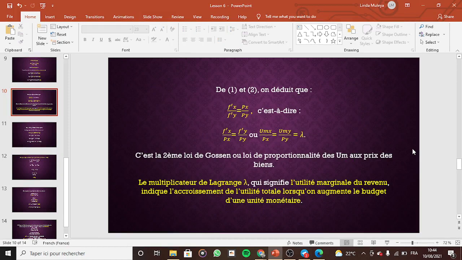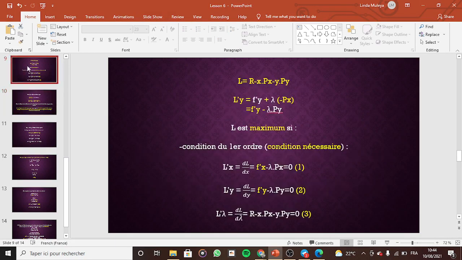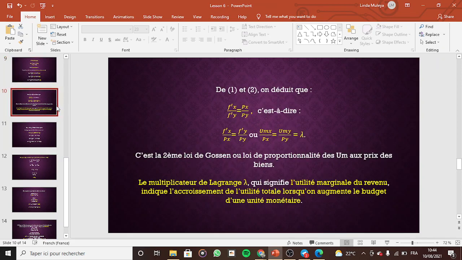The first statement of our current slide tells us that from the first and second equations, that is this first one in terms of x and the second one in terms of y, we come to the conclusion that f prime of x, which is our first equation, is equal to the price of x, and f prime of y is equal to the price of y.